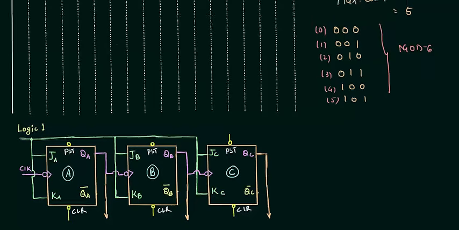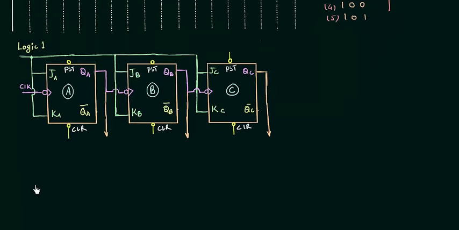So let's see what is the effect because of the preset and clear input. If preset is 0, the output Q is going to be 1. It is going to be set. And if clear is equal to 0, the output Q is going to be 0. So this is the thing that you have to keep in your mind.